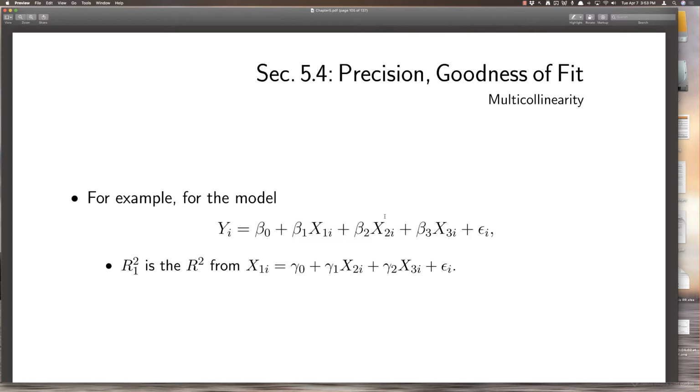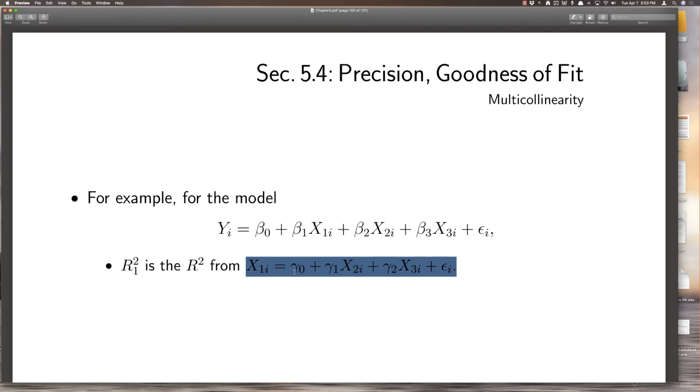This has 3 independent variables. x1 is the independent variable of interest, all right? And what I want to know for r squared j is how correlated these variables are with one another, these 3, x1, x2, and x3. And so what I do is I run this regression.